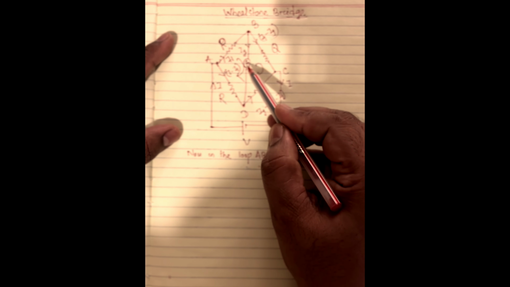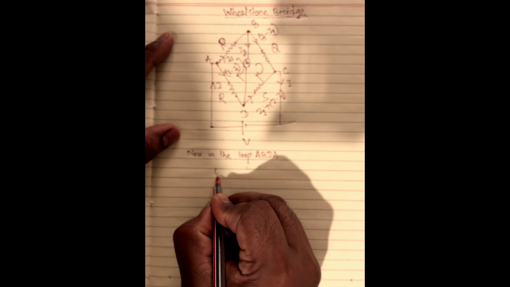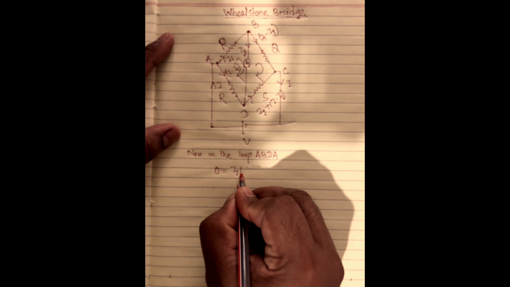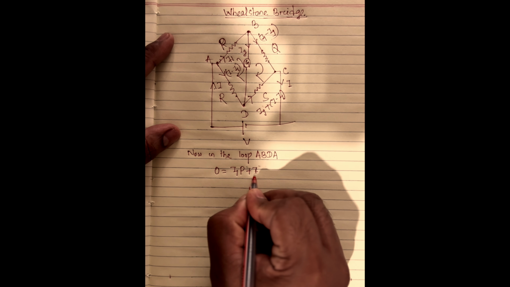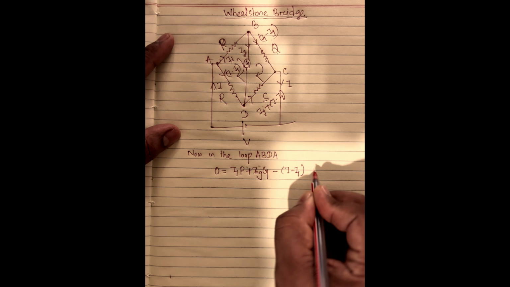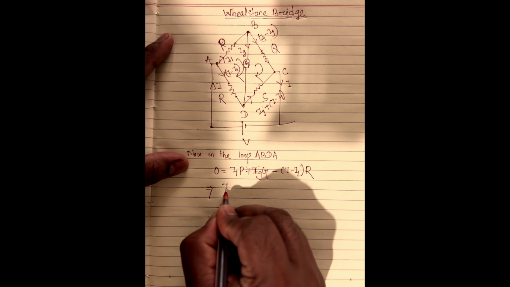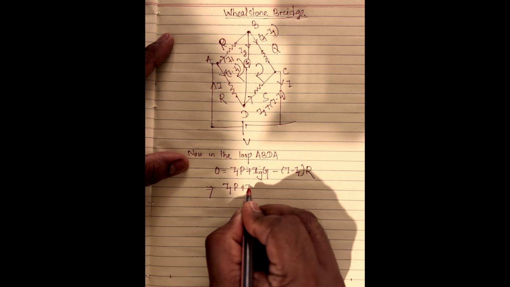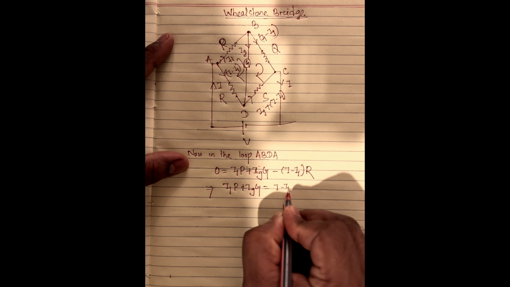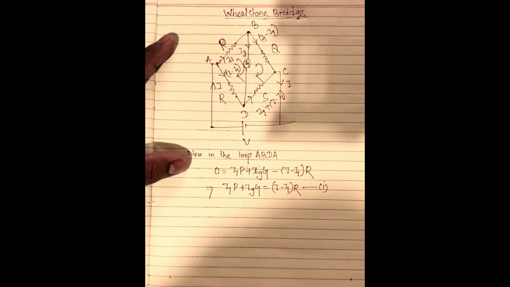If it is in the anti-clockwise direction, it is taken as negative. So we may write, since no potential is applied, 0 is equal to I1P plus IgG minus I minus I1 along the resistor R. Or we may write I1P plus IgG must be equal to I minus I1 whole into R. This is equation number 1.